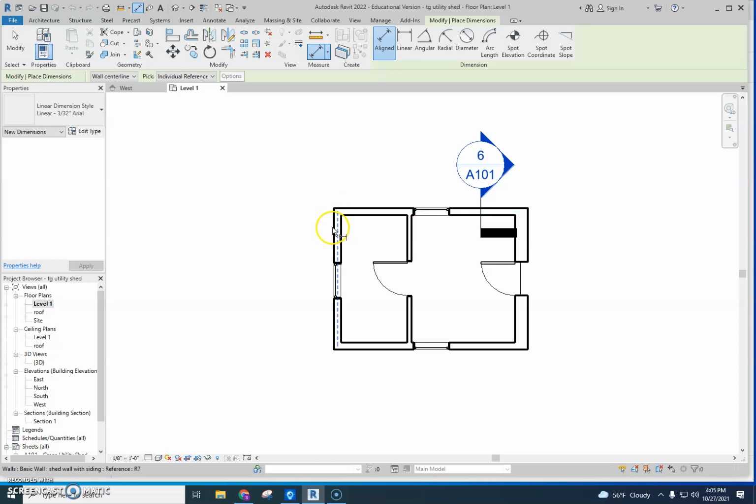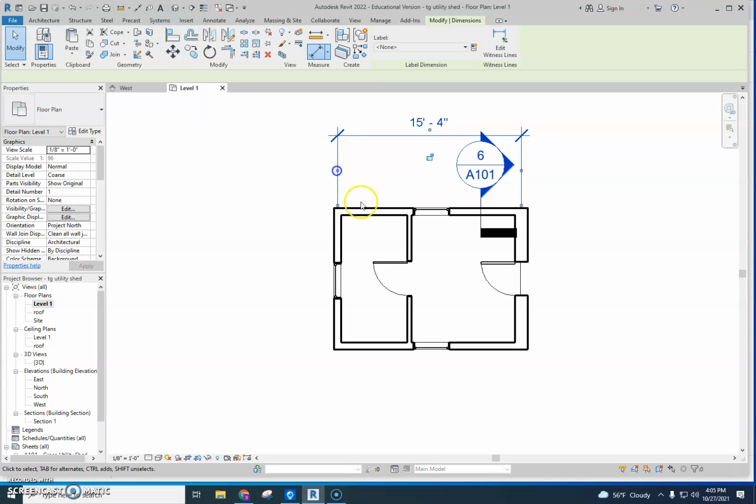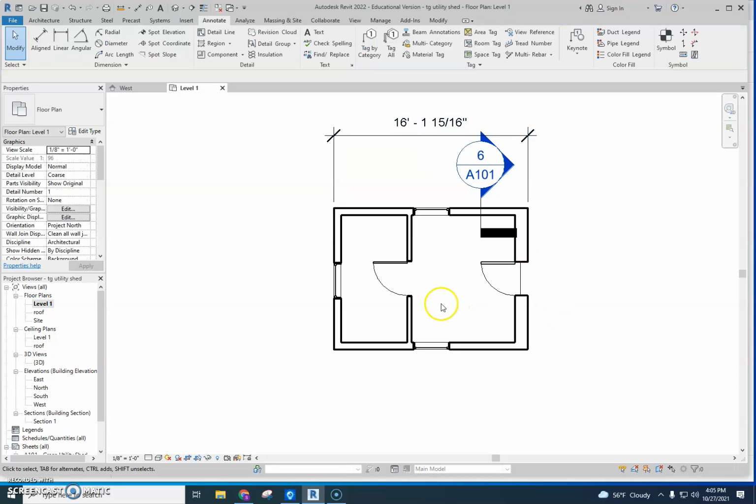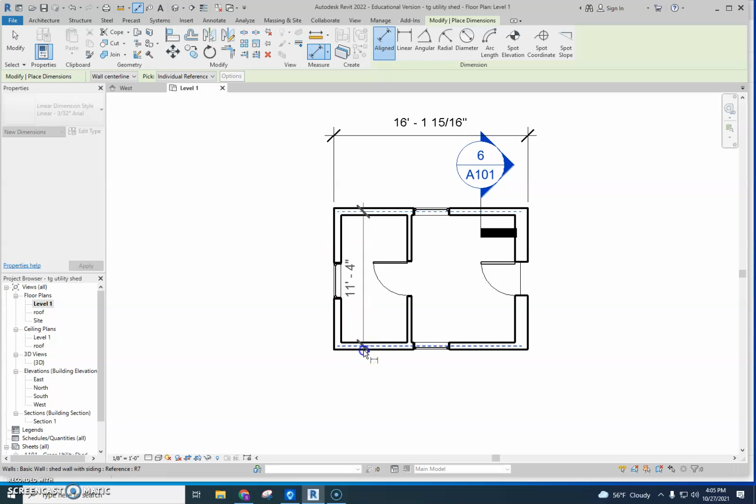So if you remember right, we can go ahead and click these and I can move them out here. So we get these dimensions. That should be 16. That's a little bit more than 16. And this should be 12. That's not quite 12.